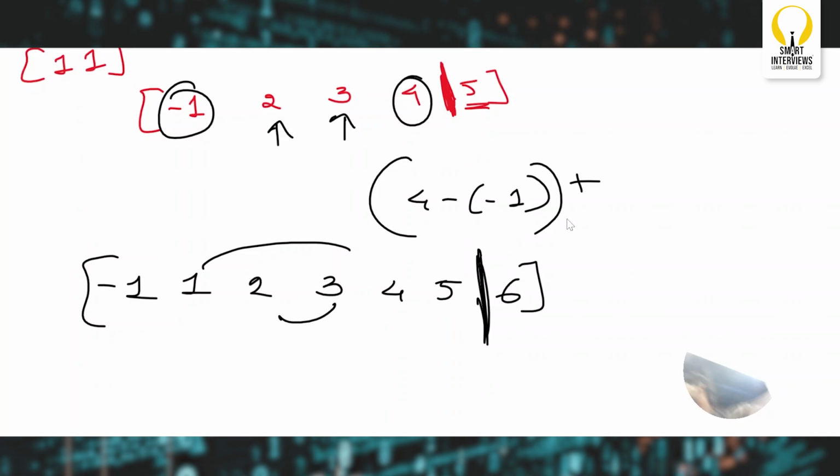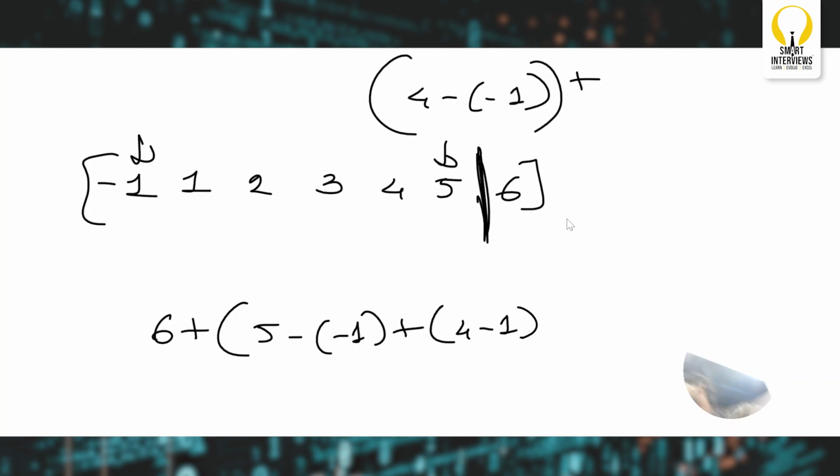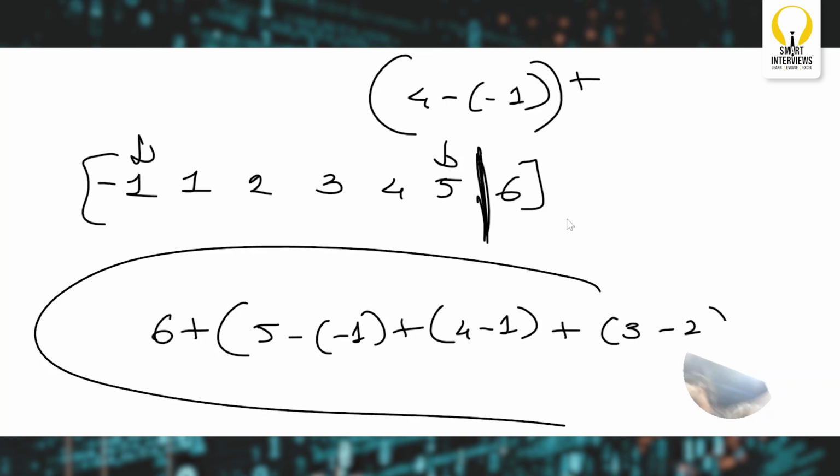So if you have something like -1, 1, 2, 3, 4, 5 and 6 as your array, some random array which I have chosen, your maximum value will be at least 6.